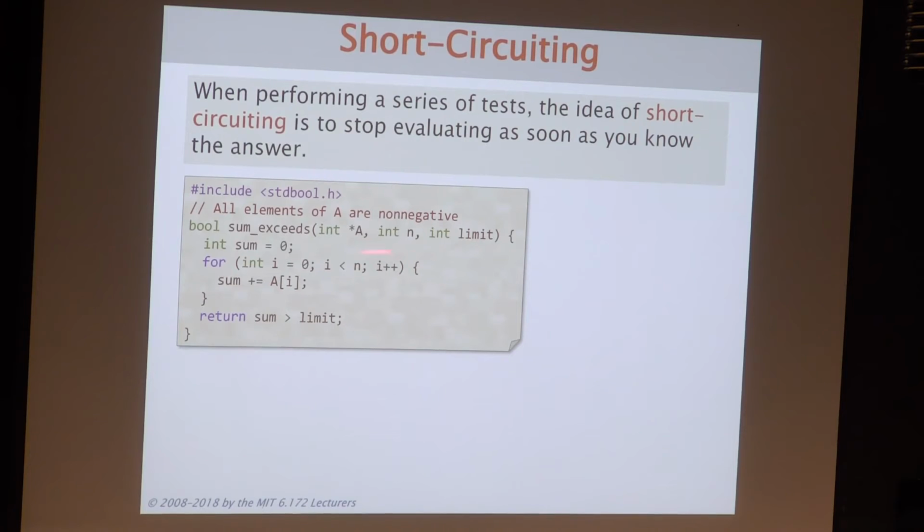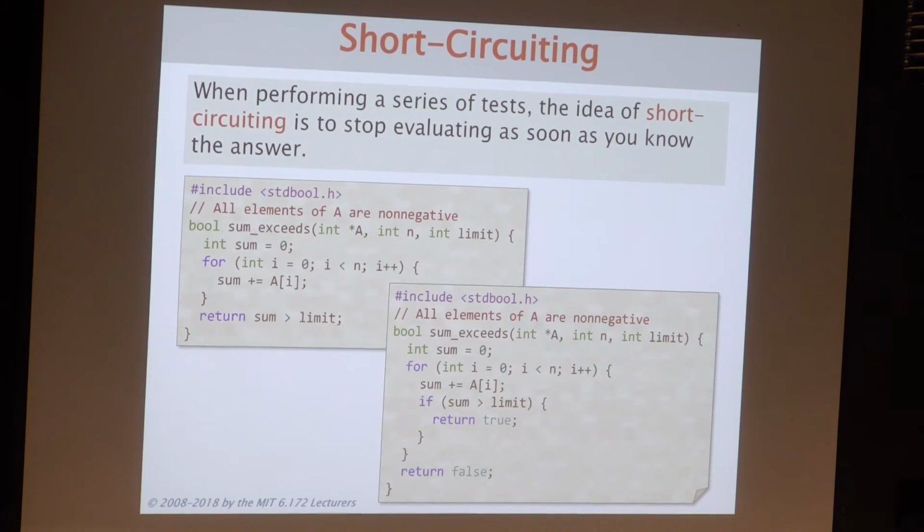And we want to check if the sum of the values in A exceeds some limit. So the simple way to do this is you just sum up all of the values of the array using a for loop, and then at the end you check if the total sum is greater than the limit. So using this approach, you always have to look at all of the elements in the array.